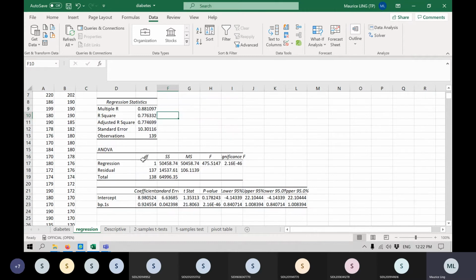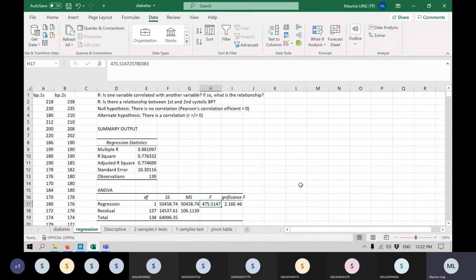For that, you look at something quite interesting called ANOVA. The significance F is the P value. 2.16 E minus 46 means 2.16 times 10 to the power of minus 46, which means that there is a strong correlation.